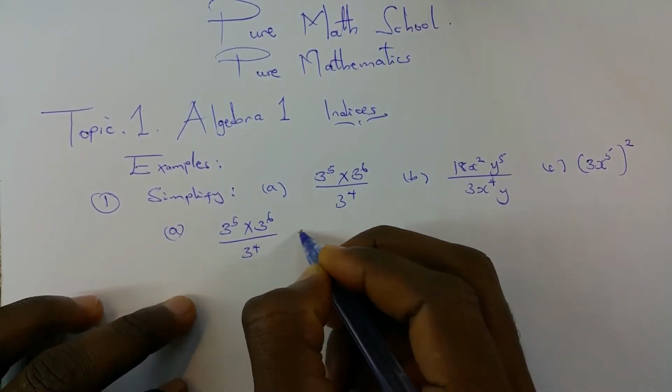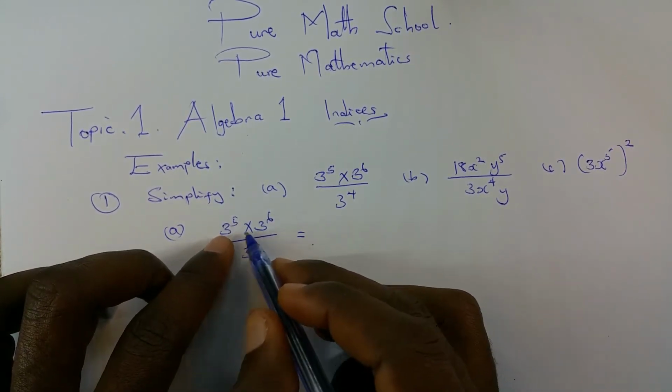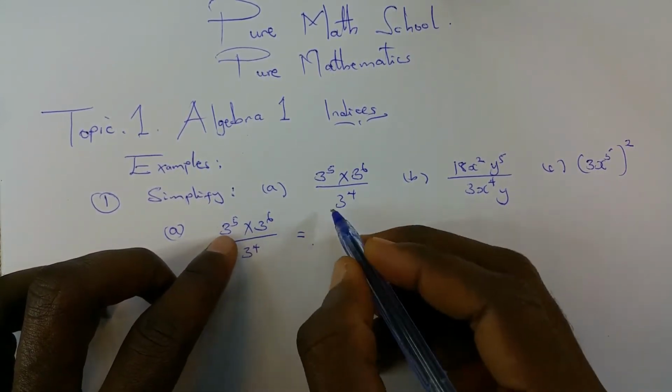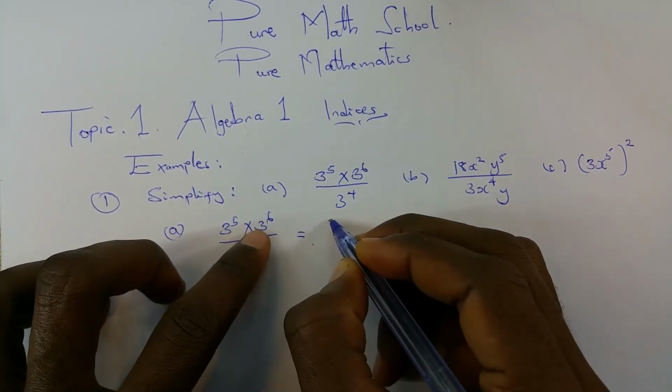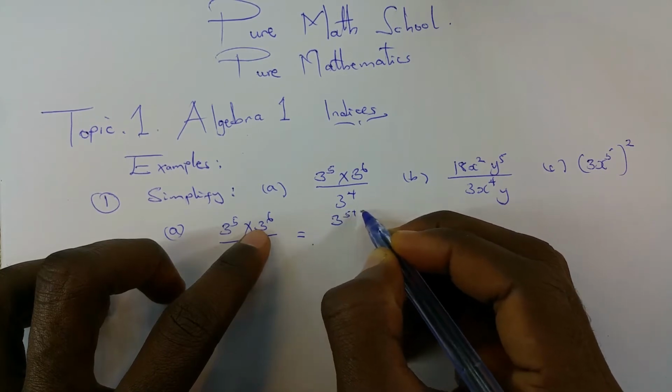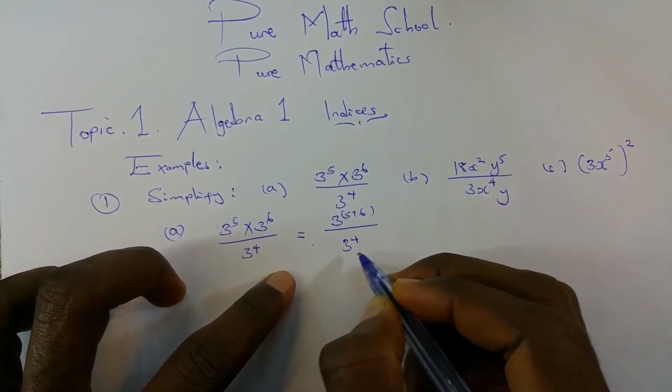Now remember, when you are multiplying indices of same base but different powers, so 3 to the power 5 times 3 to the power 6 would just be 3, then we add the powers, out of 3 to the power 4. What would it imply?